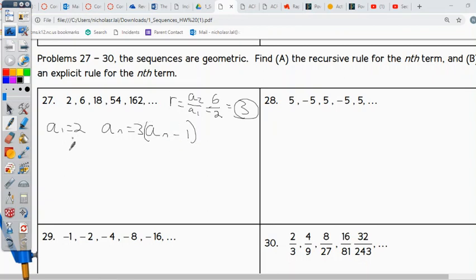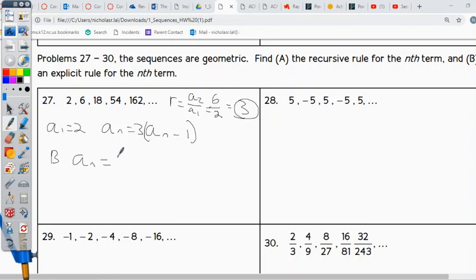Alright, for explicit, explicit for geometric I think is easier. Sorry, I'm looking at the wrong answer, my notes for the wrong problem.